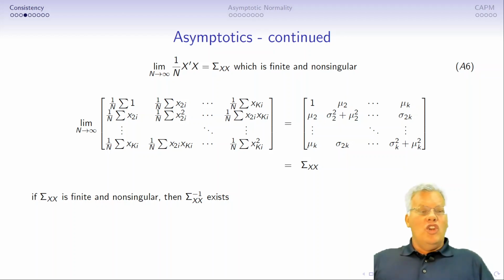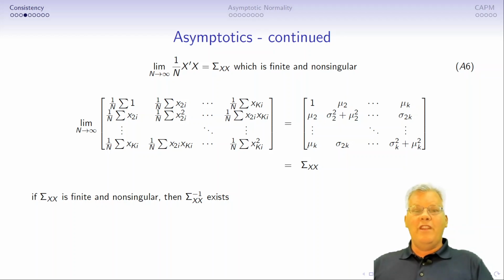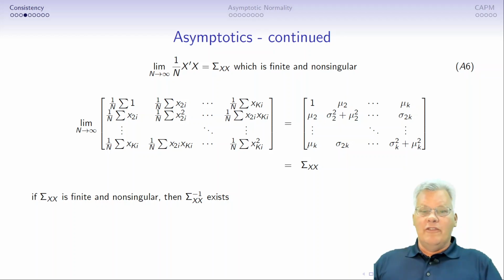Now we're going to add a new assumption for evaluating the OLS estimator, its asymptotic properties, assumption A6, which says that as the sample size goes to infinity, the limit of 1 over n times x prime x converges to this matrix, which is finite and non-singular.